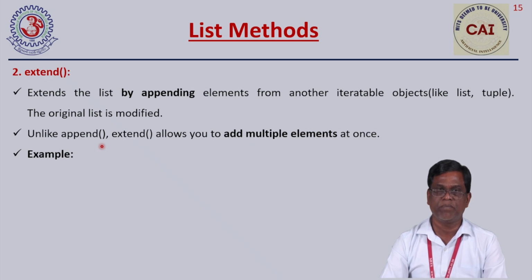The difference between the previous append method and this extend method is that the extend method will add multiple elements at any single point of time, whereas the append method will add only one element at a time. So that is the difference between the extend method and the append method.